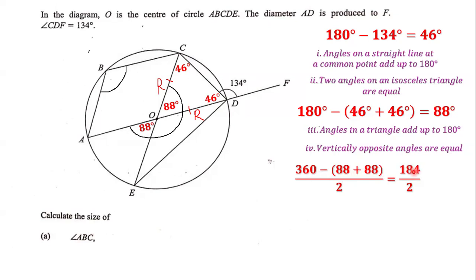So we take this 184 and we divide it by 2, and that gives us 92. And so what does that mean? That means that this is 92 and this is 92.